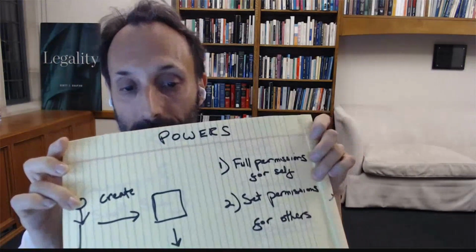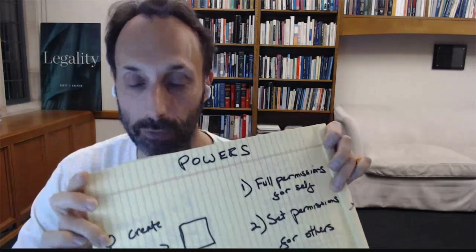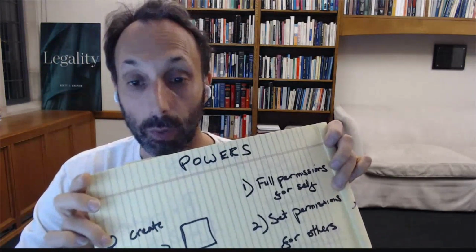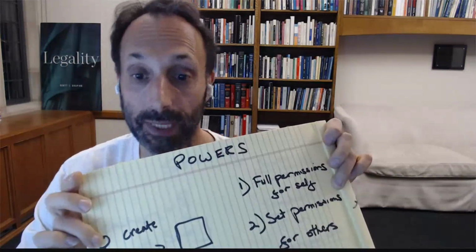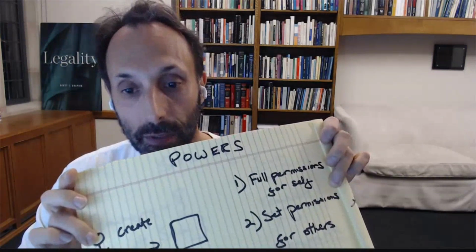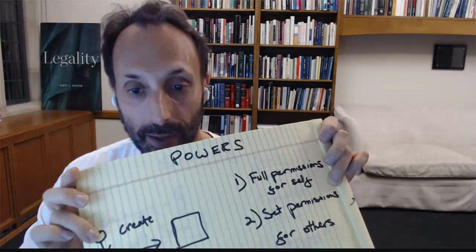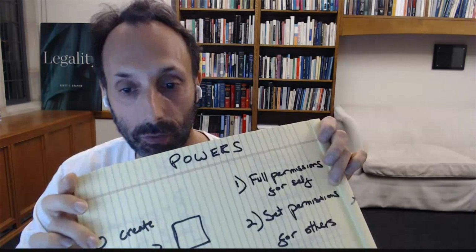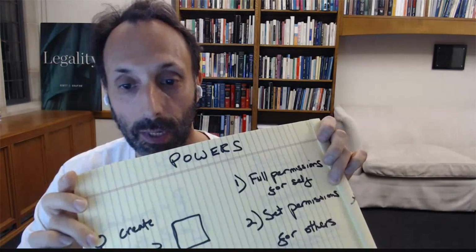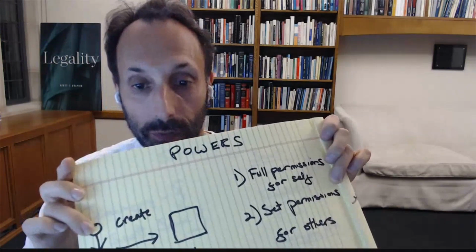You also have the power to set permissions for others. So when you use touch to create a file, or you go into nano to create a file, you become the owner of that file, and therefore you have not only the permissions to read, write, and execute, but also the powers to change what those permissions are.